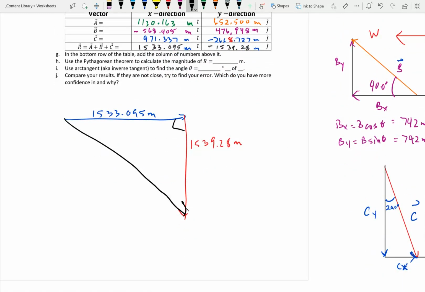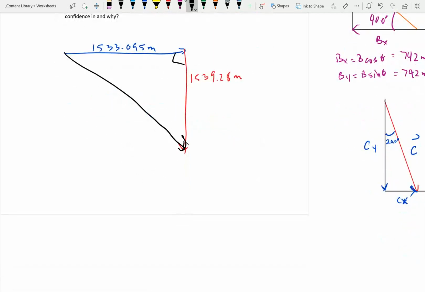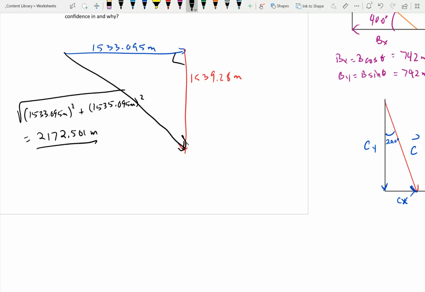Right, this is a right triangle, and so I'm going to use the Pythagorean theorem, that is square root of 1533.095 meters squared plus 1539.28 meters squared equals 2172.501 meters. So now that's my distance.